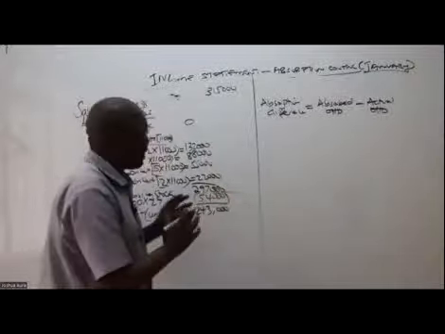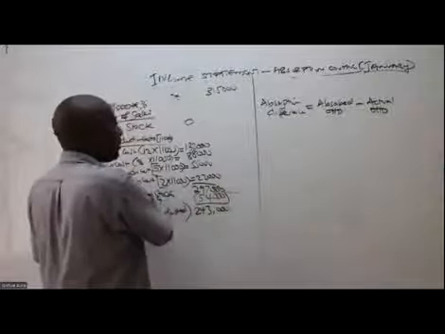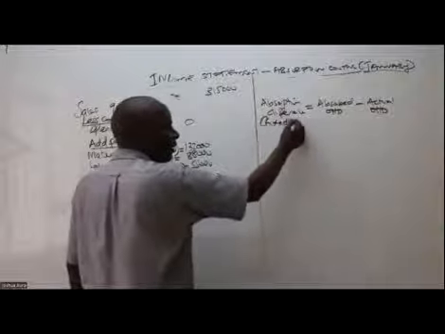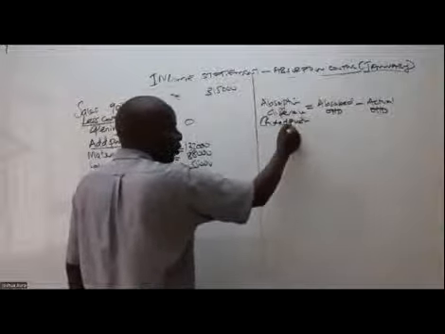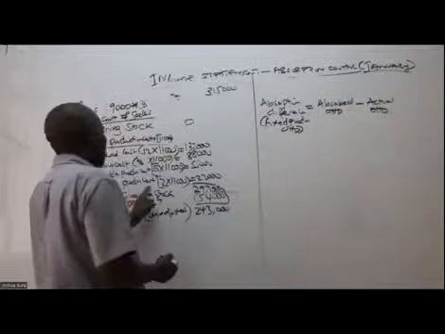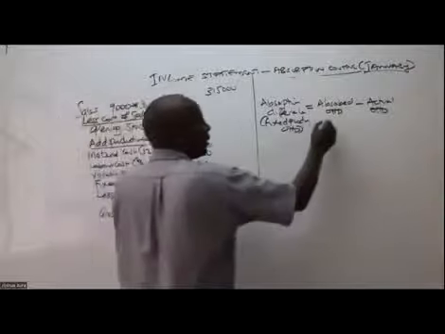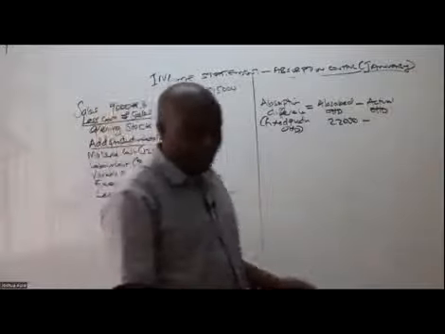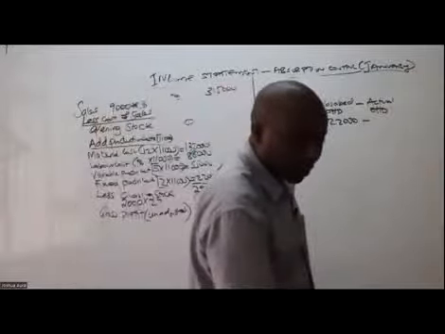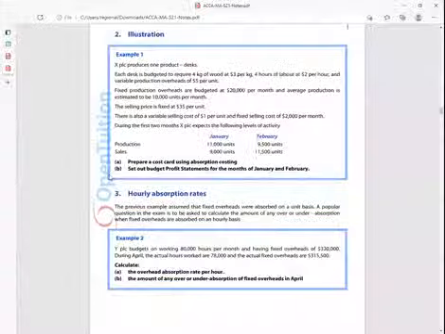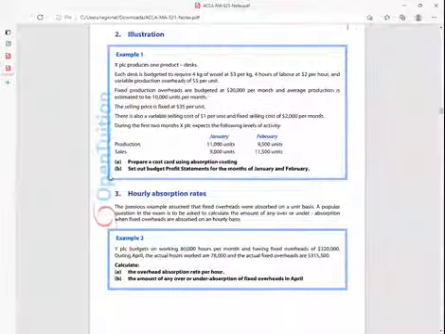Into my production, I absorbed, in terms of fixed production overhead only, 22,000. And then when you check the budgeted overhead for a month, it is 20,000.